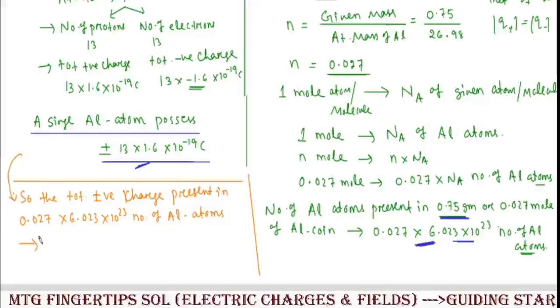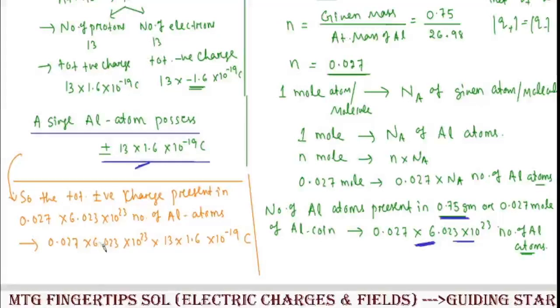So it will be 0.027 into 6.023 into 10 to the power 23 into 13 into 1.6 into 10 to the power -19. Clear? So this much coulombs of charge will be there.